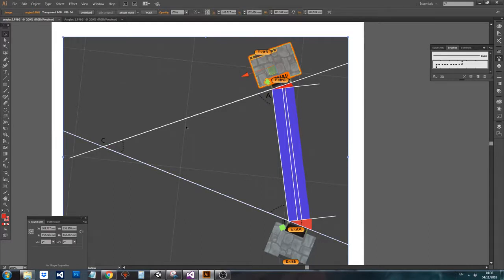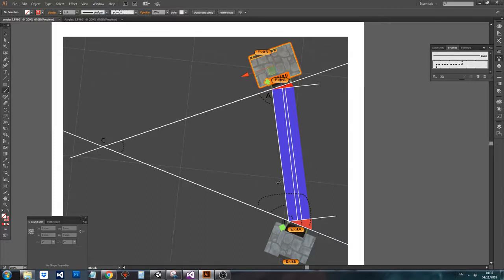So now we have points A, C, and B, and we can calculate the angles of each one. If we're looking for this angle, the total here is 180 degrees. This here is 90 degrees.